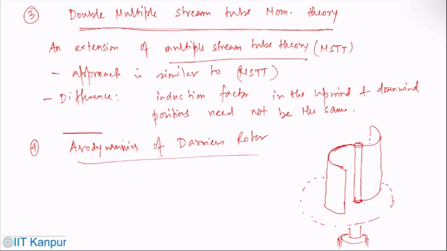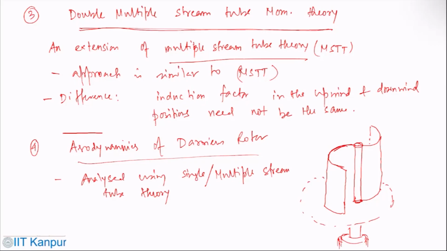Now, the Darrieus rotor can be analyzed using single or multiple stream tube. So either of those, which we have already discussed so far, one can use.